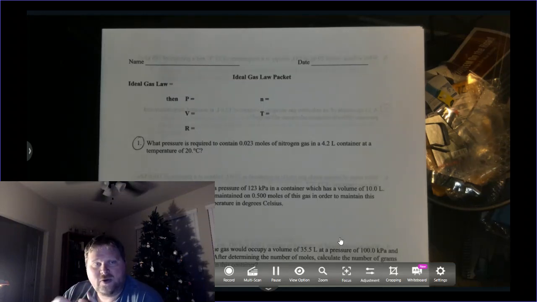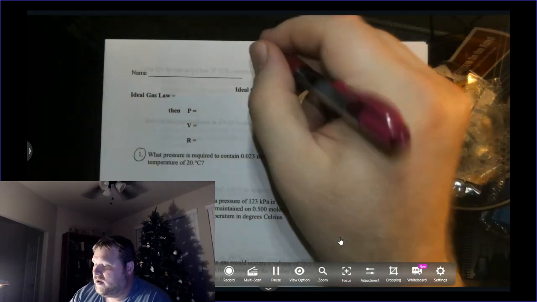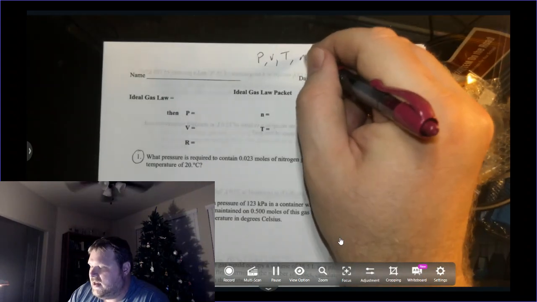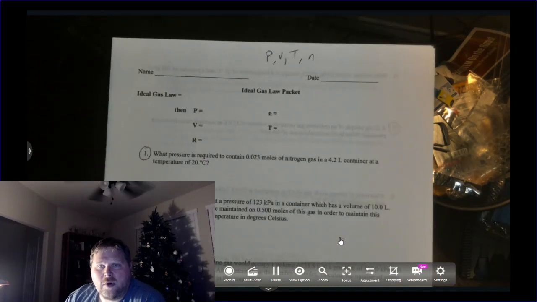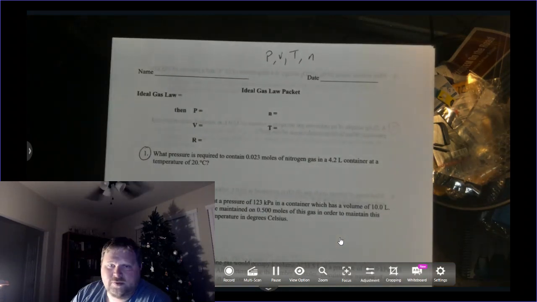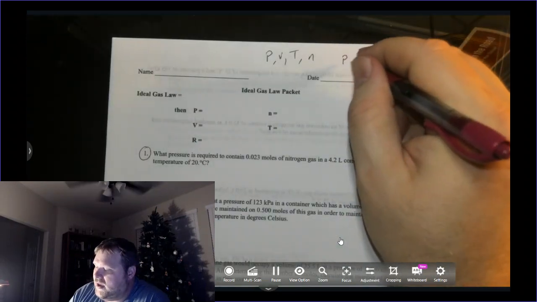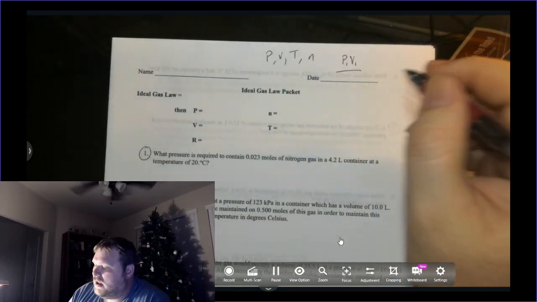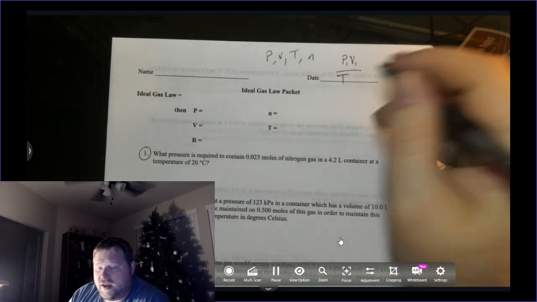So now with the ideal gas law, we're going the whole way. We're taking P, V, T, and N, and we're going to put in all of the relationships now, including Avogadro's relationship. So we have P, V, and then we put in T, like we saw with the combined gas law.